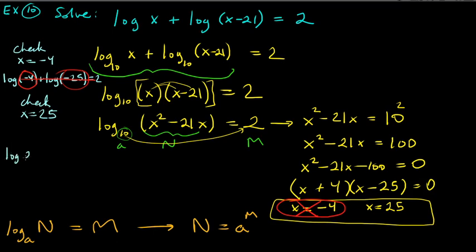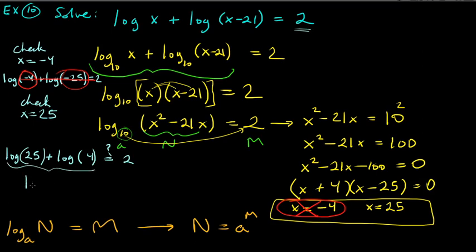So if I replace x with 25, I get the log of 25 plus the log of 25 minus 21. Well, 25 minus 21 is 4. So log of 4. But does that equal 2? Because that's the right side here. Well, you can apply the product rule.